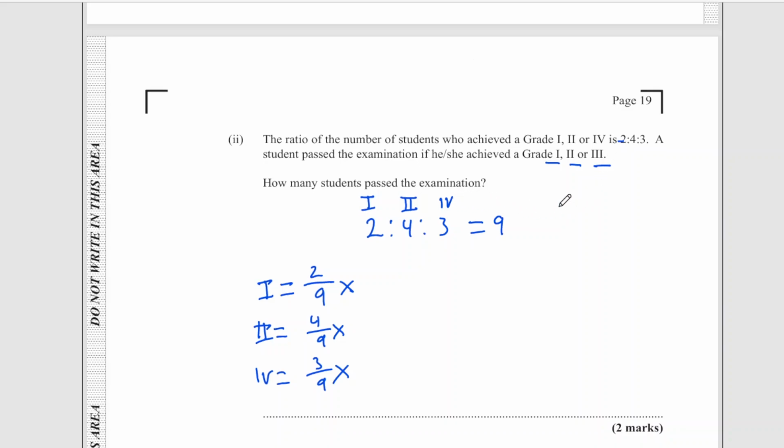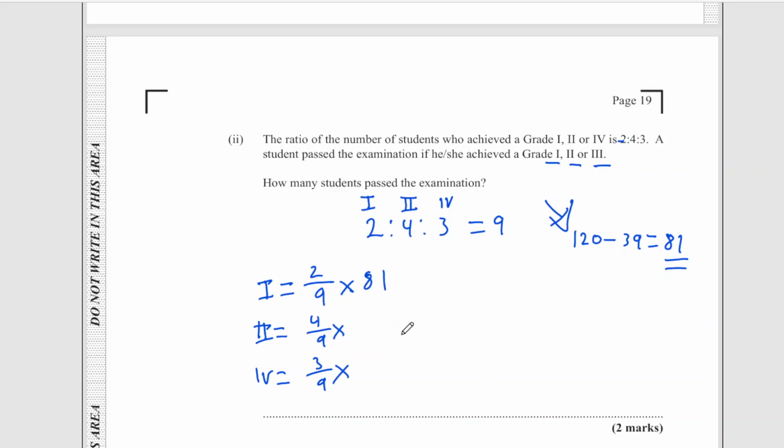So 1, 2, or 4 will be 120 take away 39, and that will give me 81. Right, so 81 students is the amount of students who got 1, 2, and 4. So now this is what we're going to distribute this ratio with.